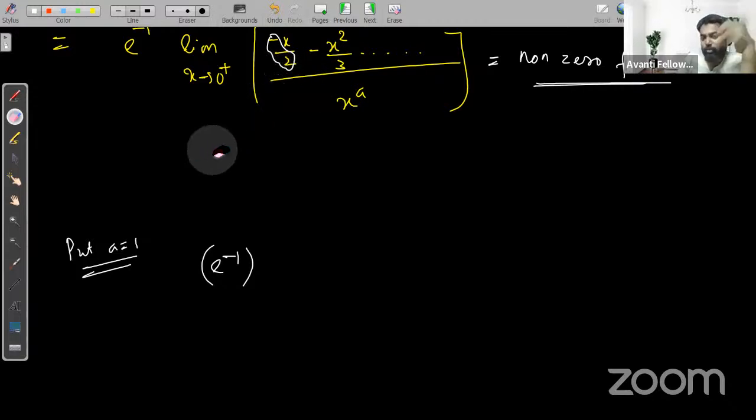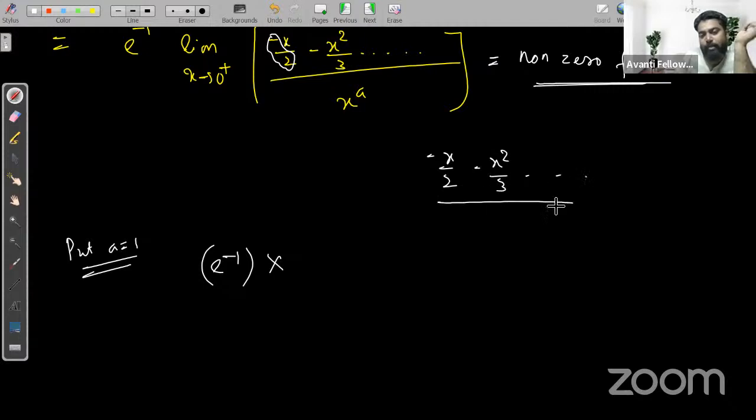Otherwise, if you do it step by step as I did, the first constant you get in the series will be your answer. When we take a is equal to 1, x is divided: -x/2 - x²/3 and so on, divided by x.